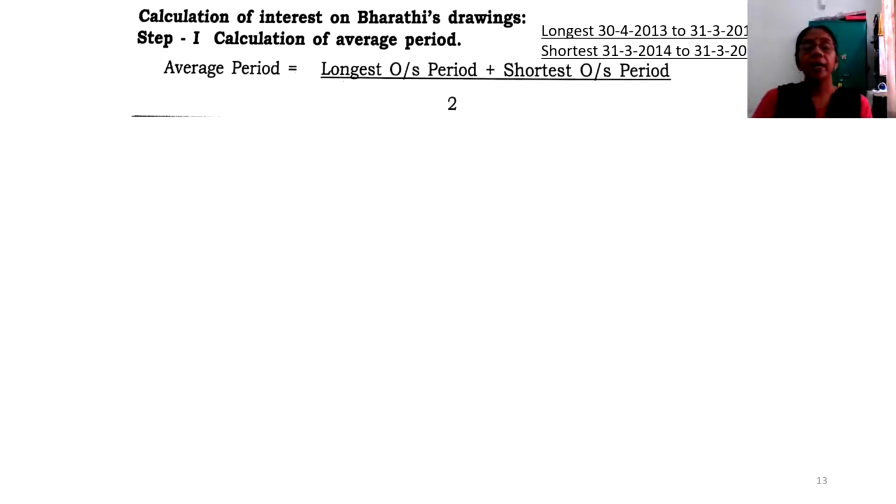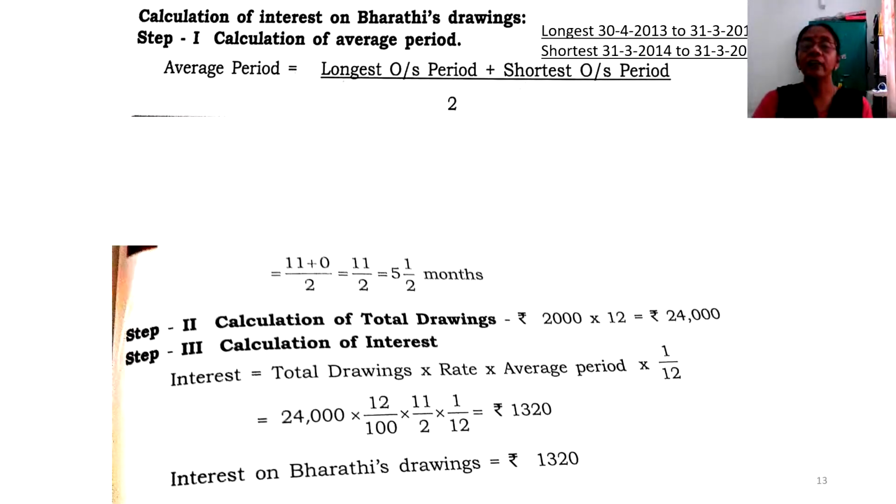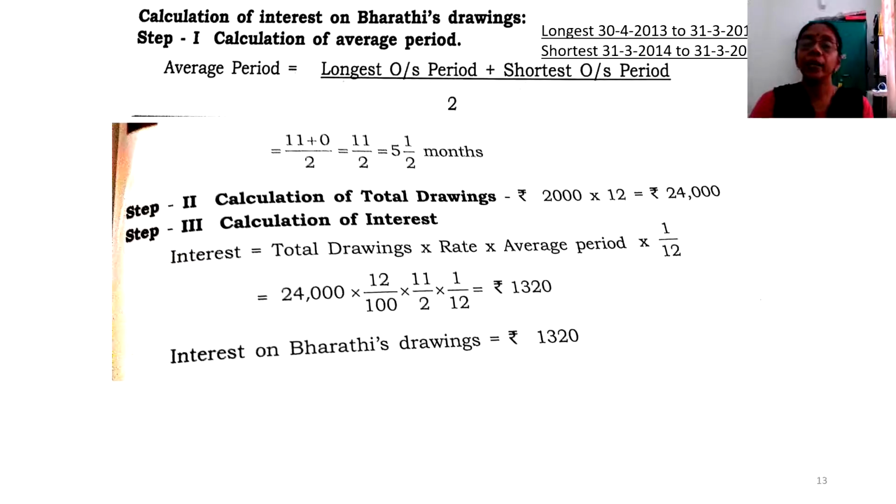And the shortest period: end of every month means 30th April, 30th May, 30th June, like that. If you keep moving on, what would be the last withdrawal, you tell me? 31st March. So 31st March 2014 till 31st March 2014 is actually a 0 period. So when you account for the average period, the longest period here would be 11, because April is not taken into account.